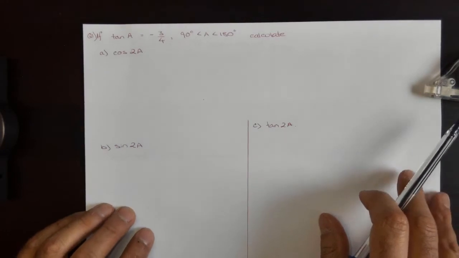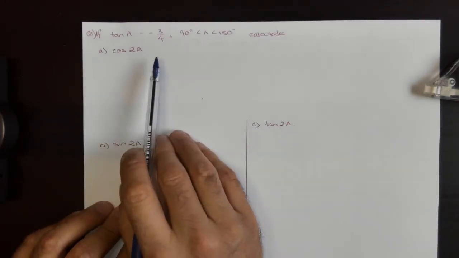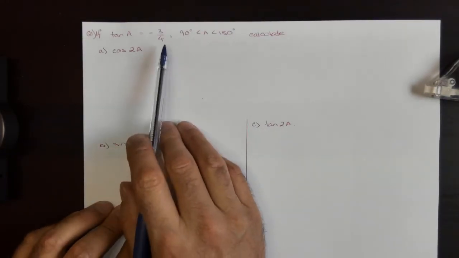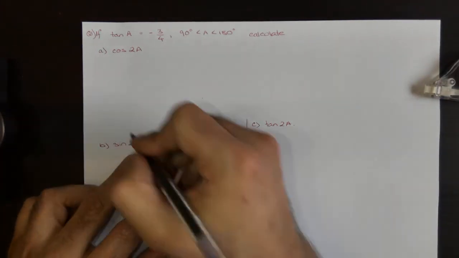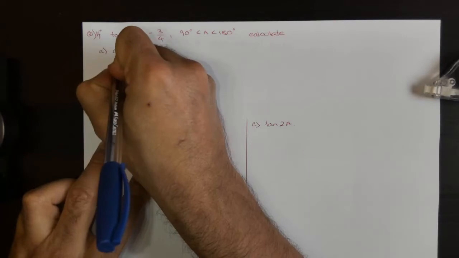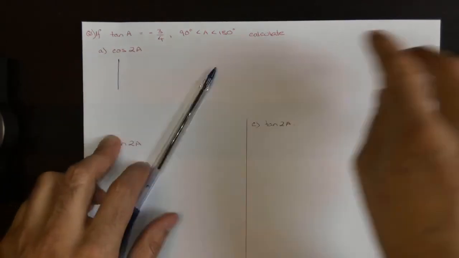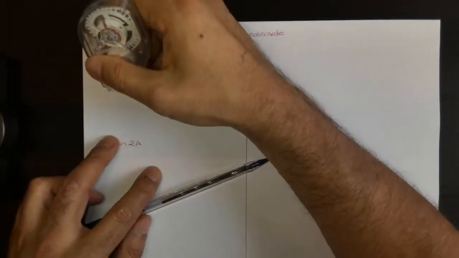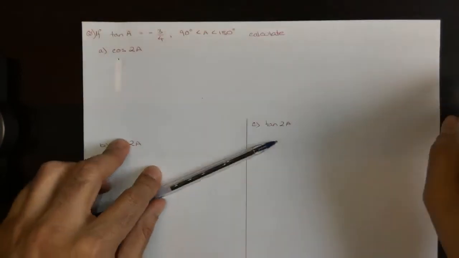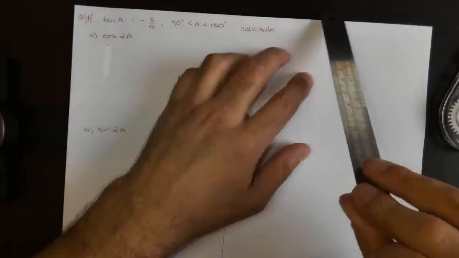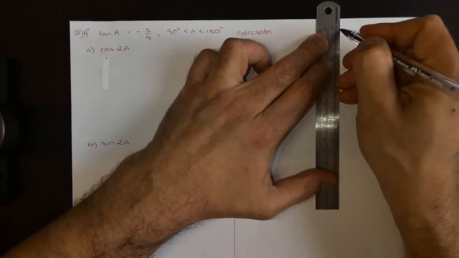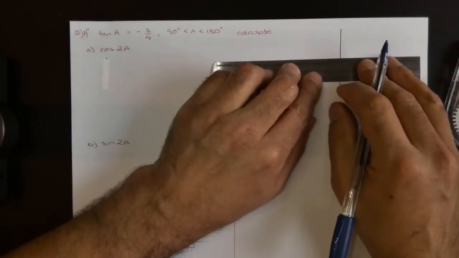Alright, so if we have tan A equals negative 3 over 4, and A is between 90 and 180, the first thing I want to do is draw a triangle over here.